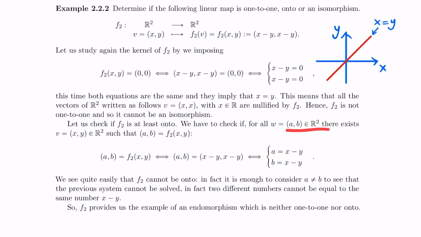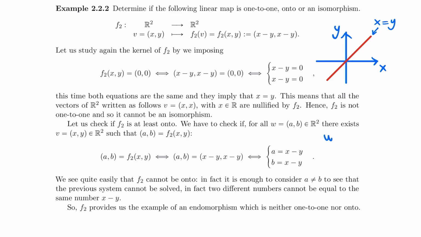Since a and b are free to vary in R, each one of them, we can choose a different than b, and in this case, we have one value different than the other, and it is impossible that two different values are equal to the same value represented by x minus y.